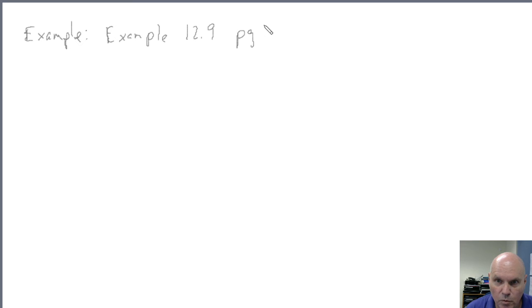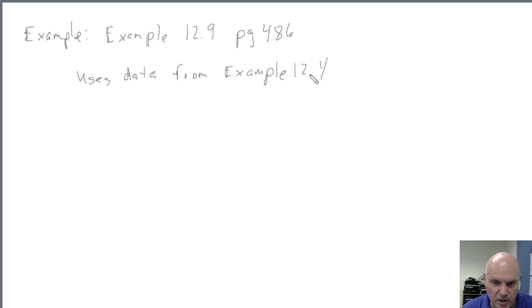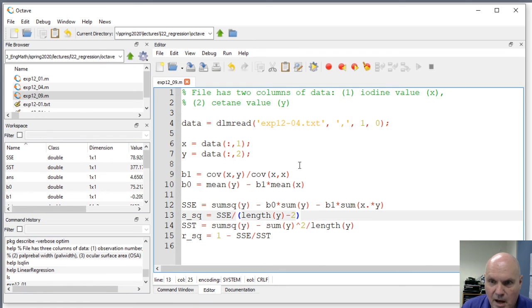This is on page 486. So this actually uses the data from example 12.4, but I wanted to show you how to do the calculations in Octave.